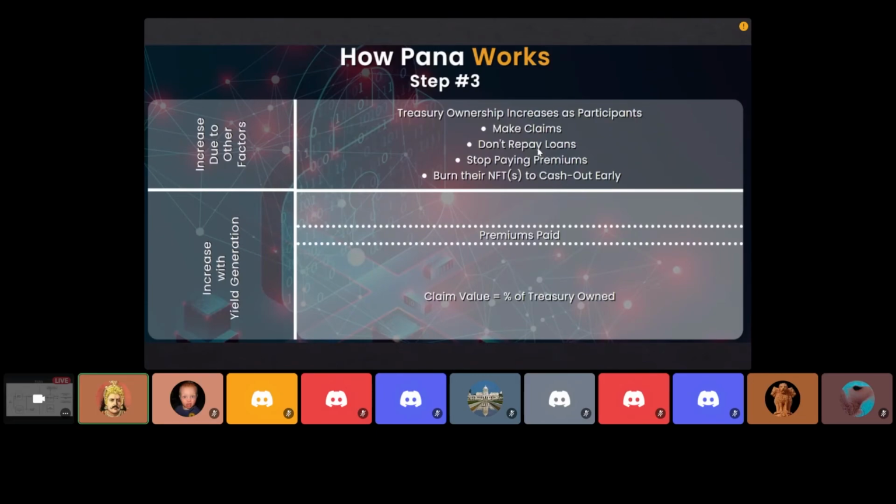The first condition is if someone makes claims. If a parametric event happens and someone wishes to cash back, then his NFT ownership of the treasury will be revoked and distributed across other holders. So the holders will be benefited, and at the same time, the user who is taking the parametric payout will also be benefited.